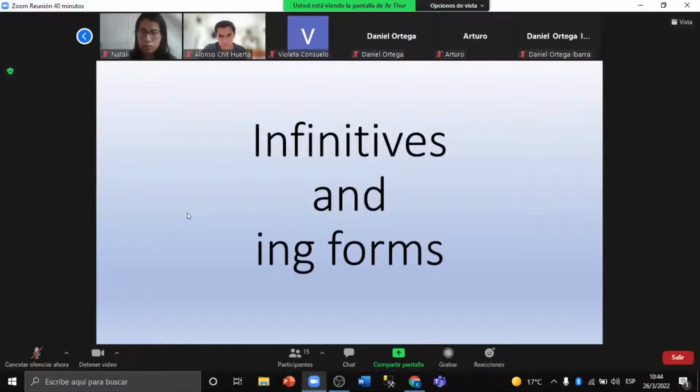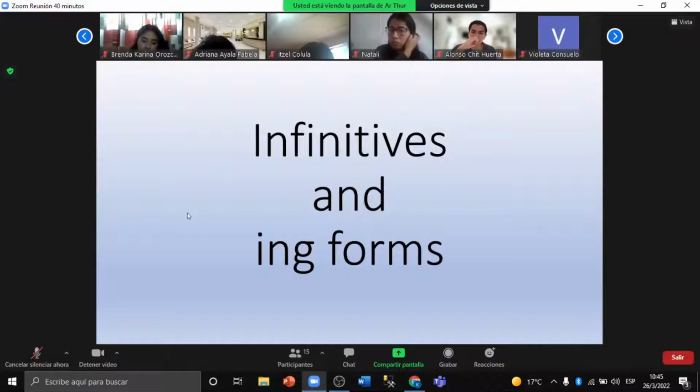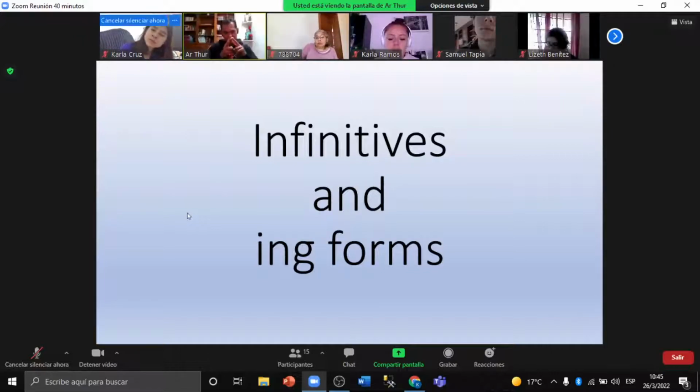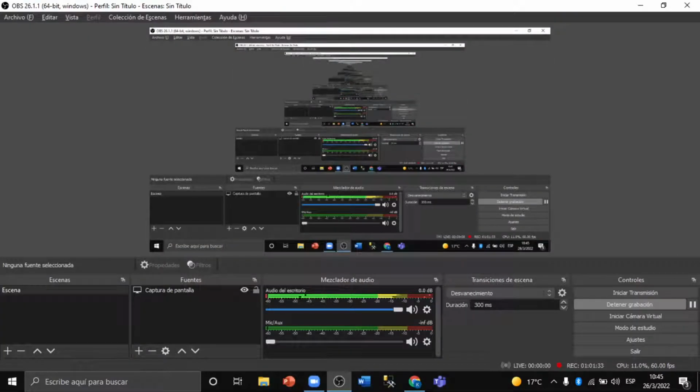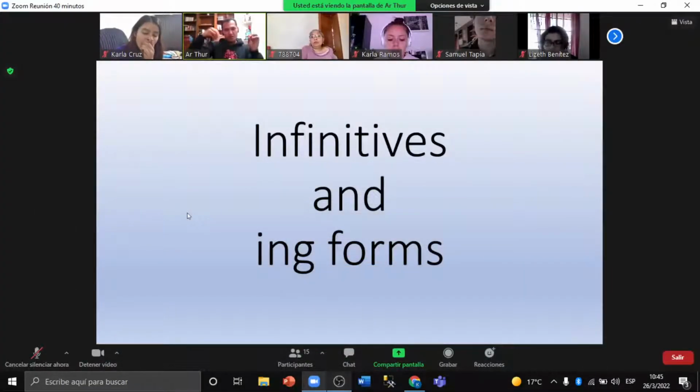Infinitives and ing forms. There are some verbs possible to use in both cases. Okay, some are possible to use with an infinitive and not possible with ing forms.